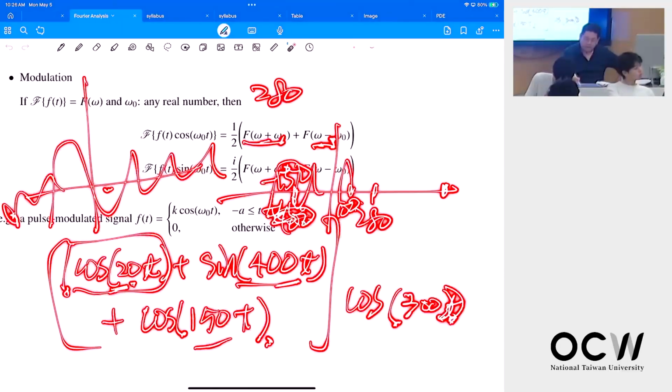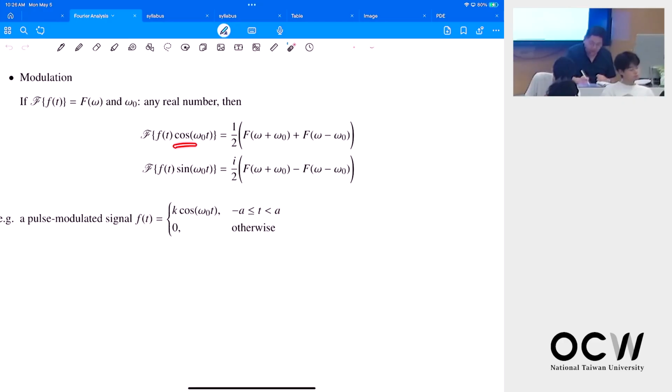So I can see those signals in different frequencies. So now I can analyze it. Okay. So that's why we multiply by cosine or sine.